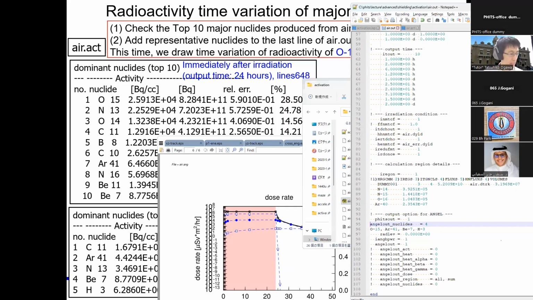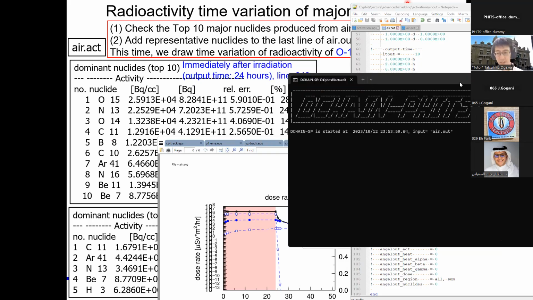At line number 95 and 96, just below fits out equals 1, please insert angel out nuclides equals 4 and specify the isotopes of interest. After changing this setup, send this file to DCHAIN.